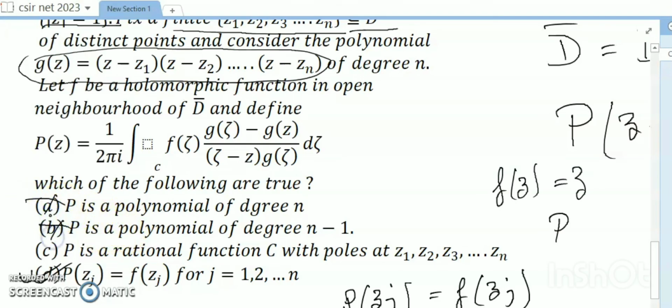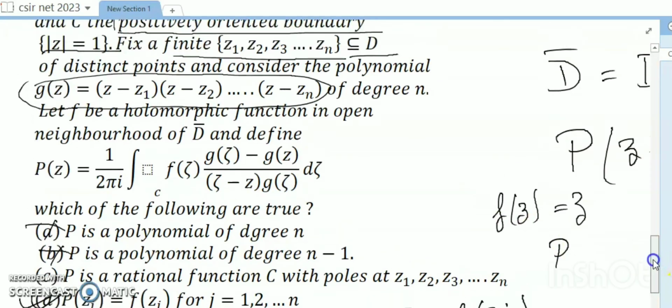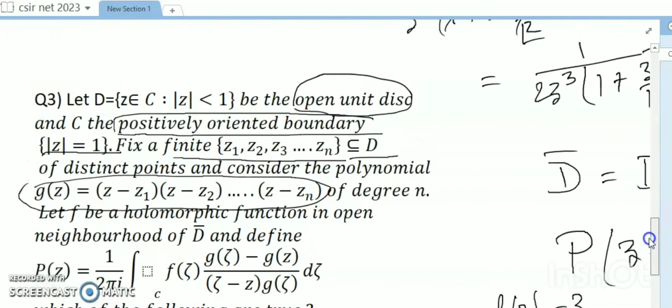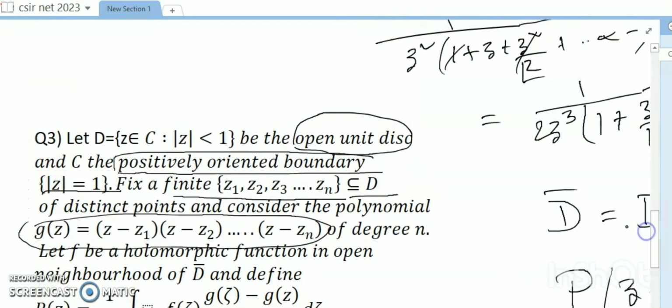And another factor is that z1, z2, z3 are finite fixed points.